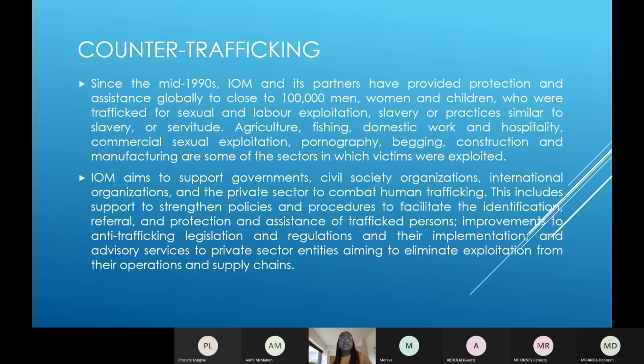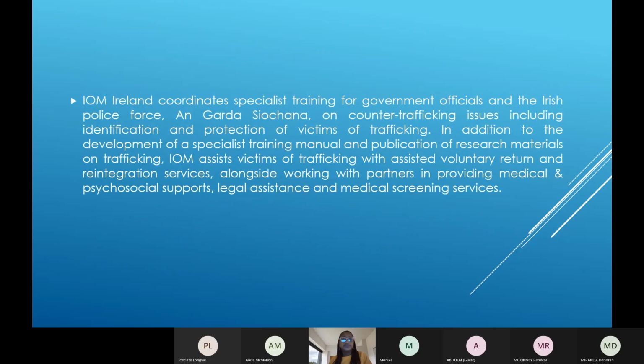In giving support to victims, we work closely with organizations such as Ruhama, the Immigrant Council of Ireland, just to mention a few, medical professionals, and the guards as well, in cases whereby the initial case needs to be investigated, but this will always be with the consent of the victim.